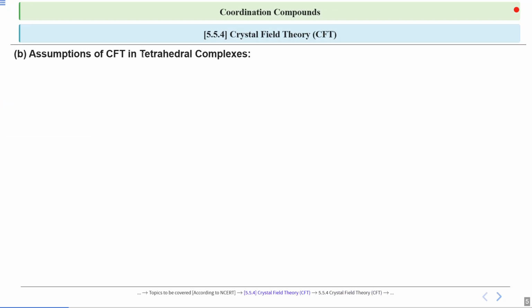So, the assumptions of the crystal field theory in the tetrahedral complexes. We are going to cover the tetrahedral complexes part under the crystal field theory today. What are the assumptions we have to make while studying it? The first is the degenerate d orbitals.